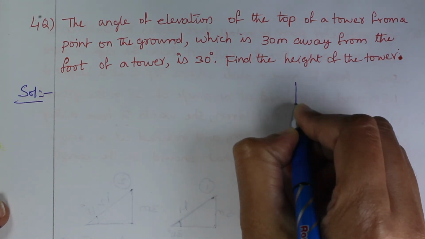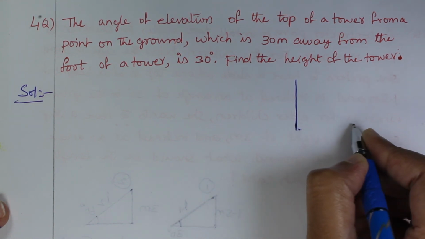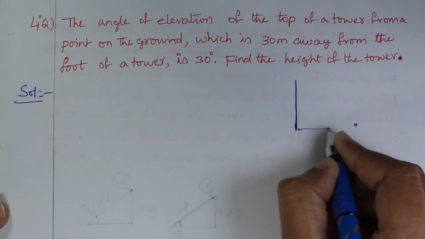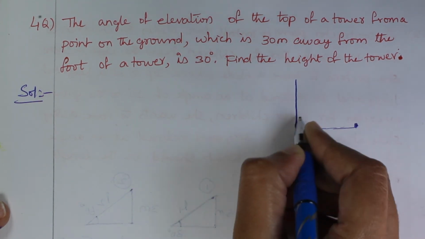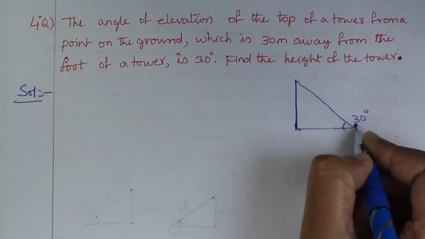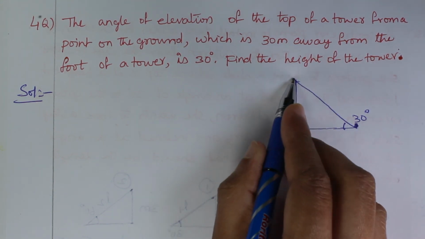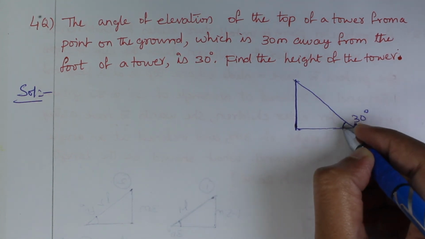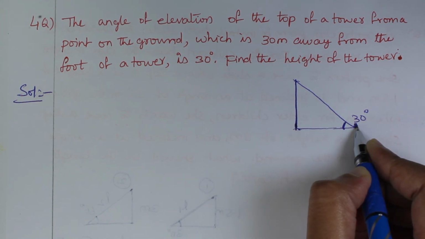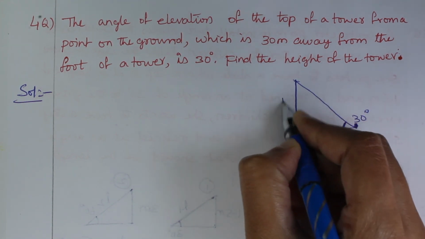So there is a tower, standing tower, and from a point on the ground, the angle of elevation to the top of the tower is 30 degrees. So this angle is 30 degrees. And the distance between the foot of the tower and that point on the ground is 30 meters. Now we have to find out the height of the tower, h.